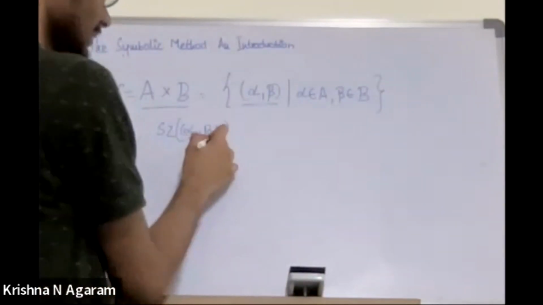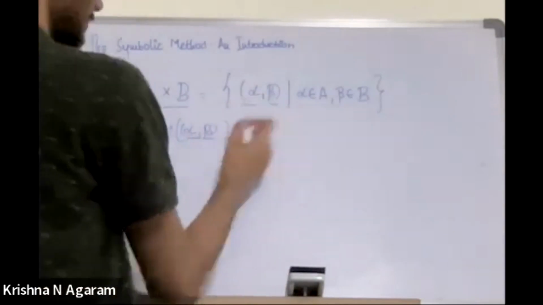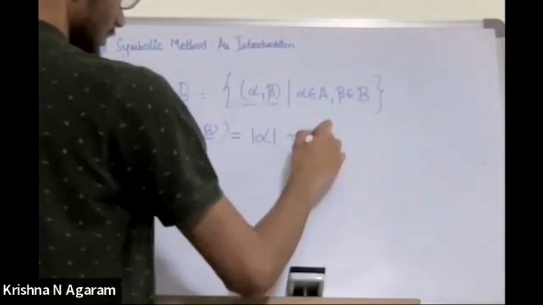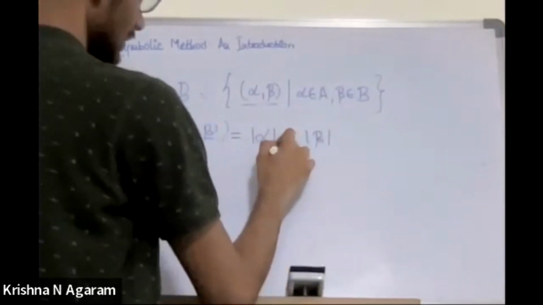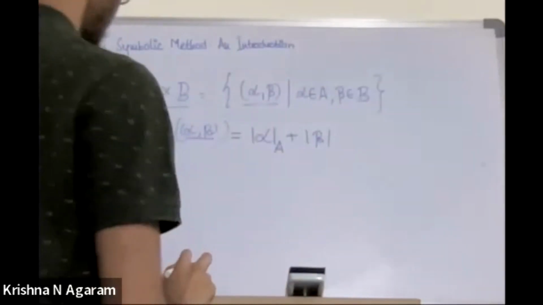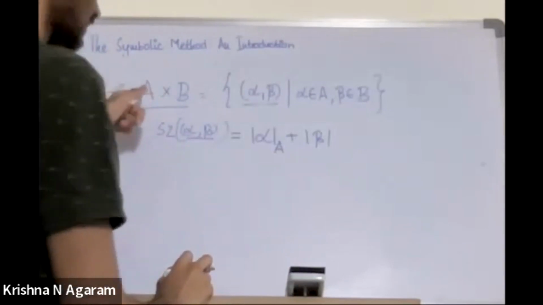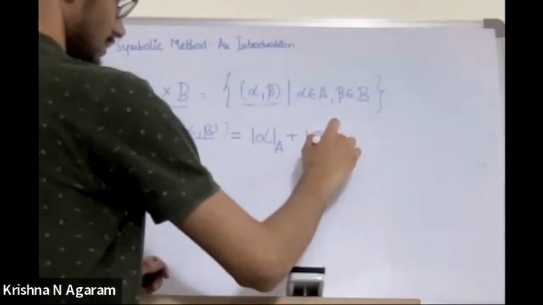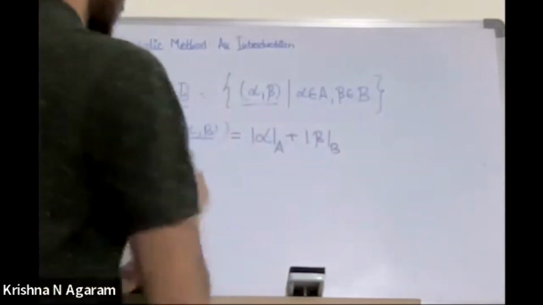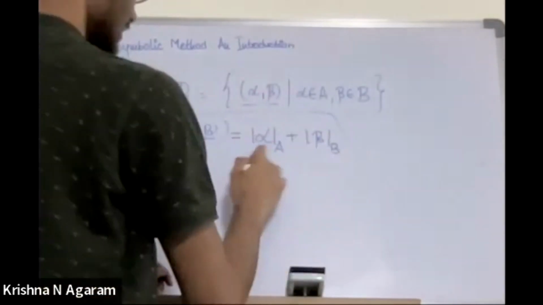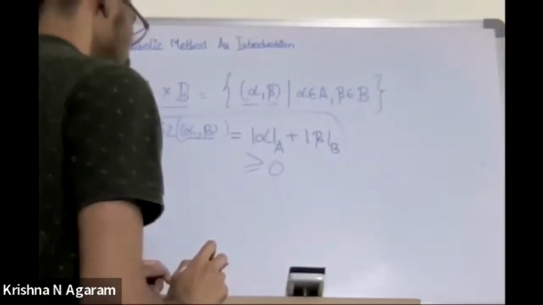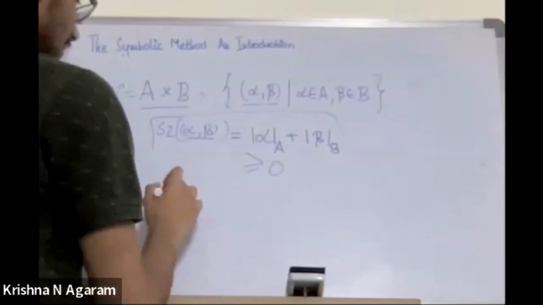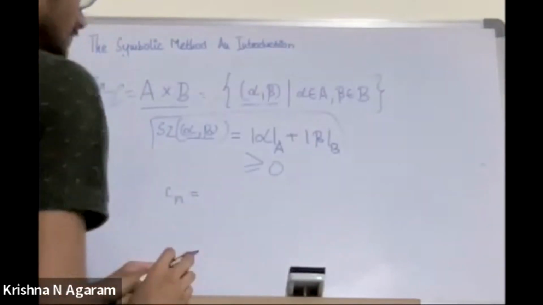So I define the size on elements of C. Elements of C are these pairs. I'll define them as, right, where of course it's understood that this size of alpha is with respect to A's size function, because alpha is in A. Right? Okay. So similarly, I'll define this, and it's clear this is greater than 0, and what's the number of elements with size n? So Cn, right?